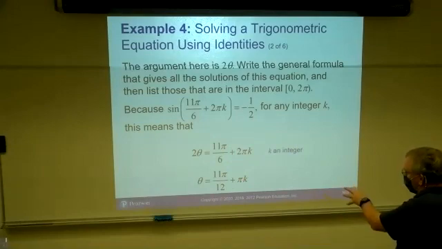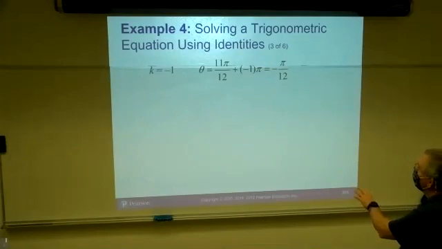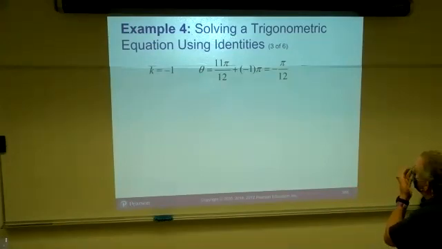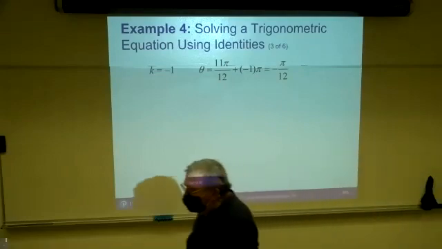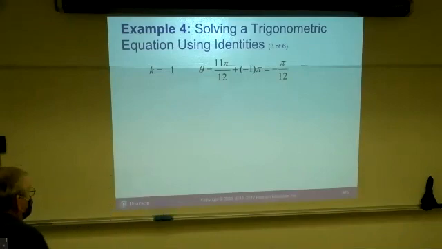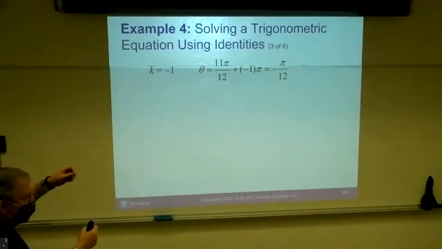And then if I add pi to it, or negative pi, anyway, you get the same angle. Negative pi over 12 is the same as 23 pi over 12, which is pi plus 11 pi over 12. All right. So there you have it between 0 and 2 pi.